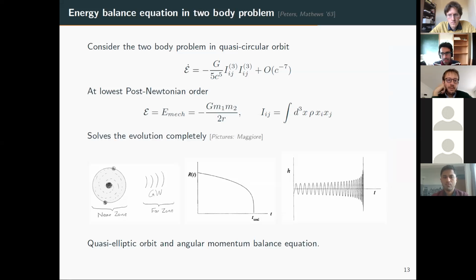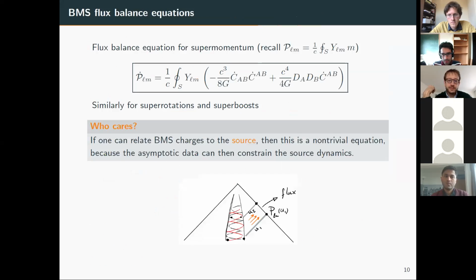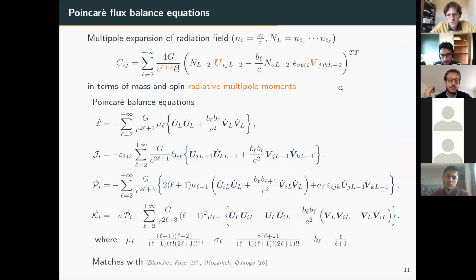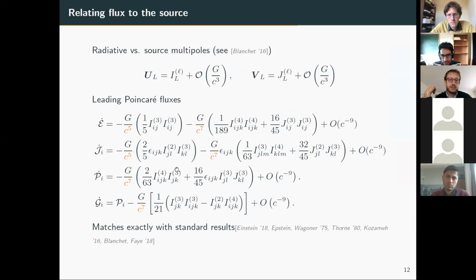The problem is that in this case you don't know how to write a BMS flux equation, because you don't know how to relate the BMS charges to a Newtonian expression. Is it correct? Yeah, right. As I said, I know the right-hand side. I know the fluxes, and I expanded them for you in terms of radiative multipoles and later source multipoles.